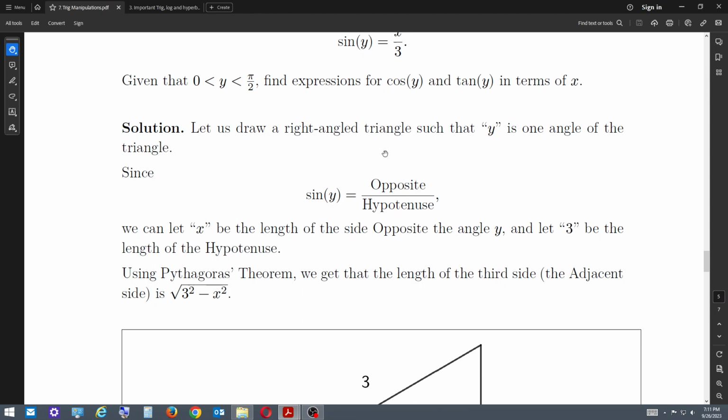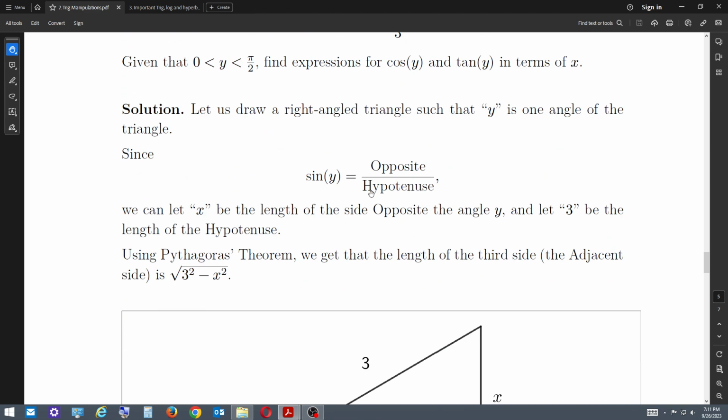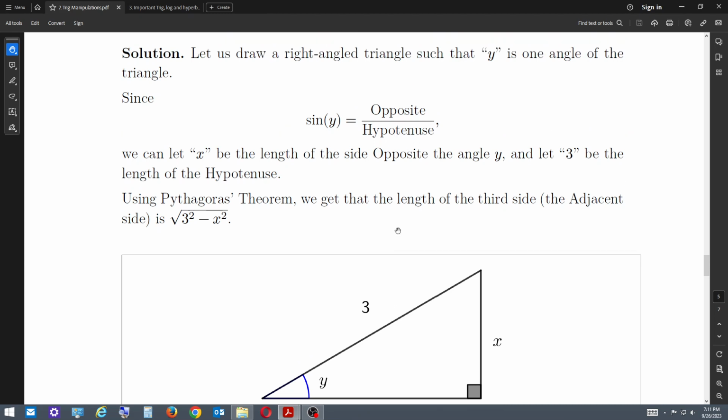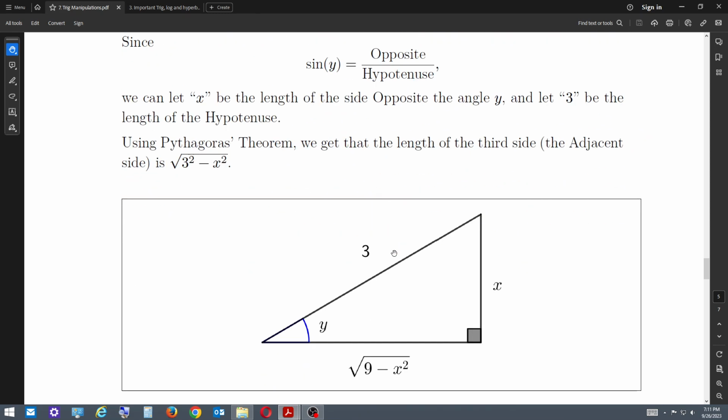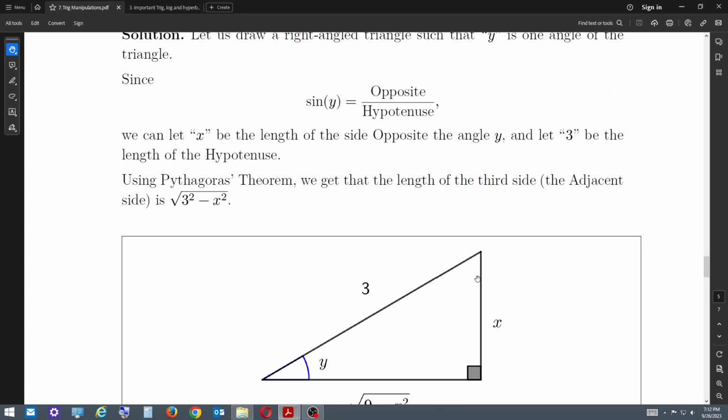Alright, so we draw a right angle triangle such that y is one angle in that triangle, not the right angle obviously, it's another angle. Since sine of y is opposite over hypotenuse, we can let x be the opposite and let 3 be the hypotenuse, because we know we want x over 3. So x is the opposite side of this angle, and then 3 is the hypotenuse, opposite the right angle.